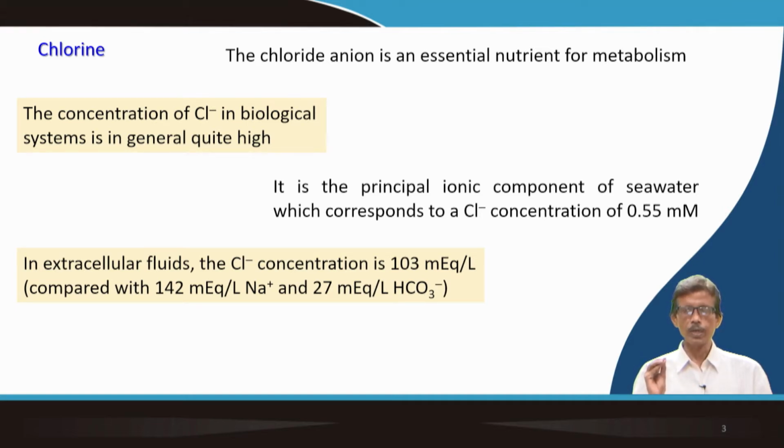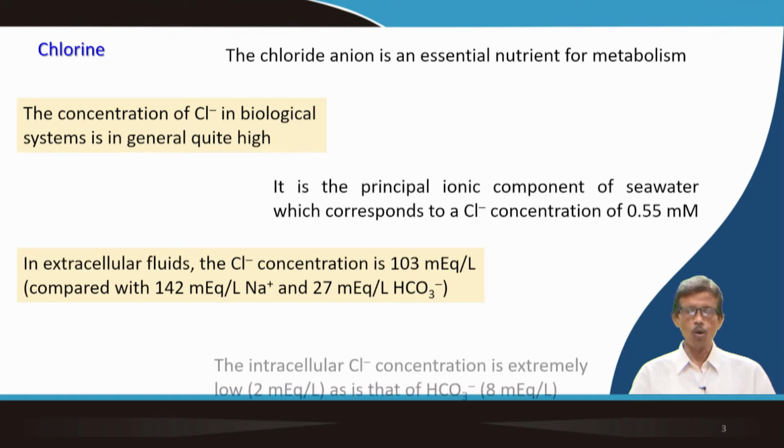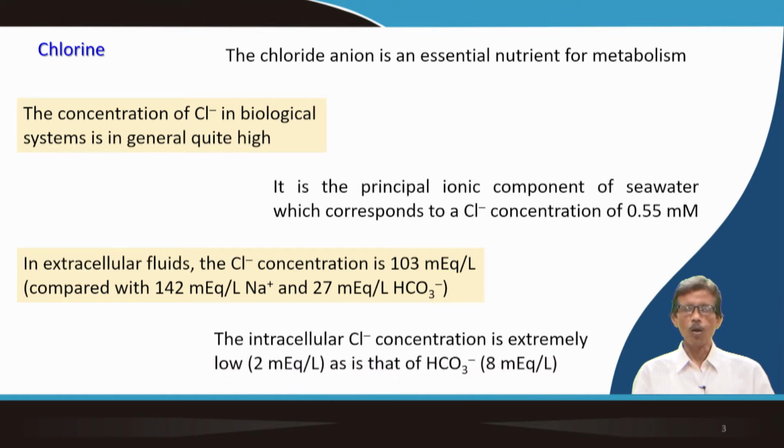You should be confused a little bit such that you understand nicely how much these equivalences are: millimolar concentration, milliequivalents per liter, as well as the ppm concentration of what we drink as water. So, the figure is 103, compared to 142 for sodium ion and 27 for bicarbonate ion. All these will come and compete with the chloride concentration.